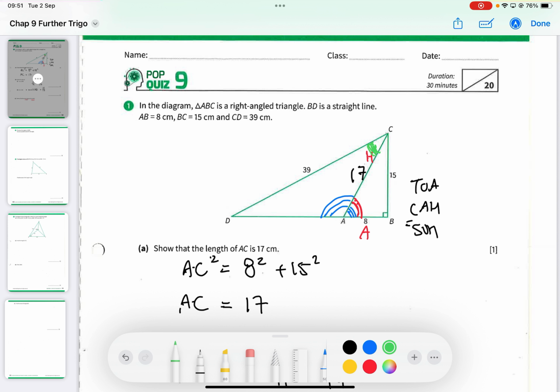Then I don't know AD, but I can find AD because in the right angle triangle BCD, I know this side, I know this side, I can find this entire side. After I find the entire side, I minus away 8, I know AD already. Then I can use AD to find sine of ACD. So that is the entire thinking process.